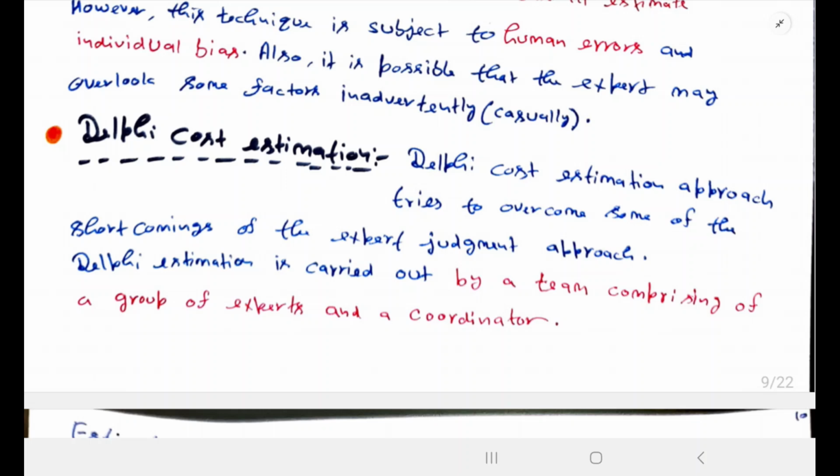It means that in place of a single expert, we will use a team in which there will be a coordinator who will coordinate the whole team, and since we have a number of experts, the possibilities of human errors and individual bias will be overcome.